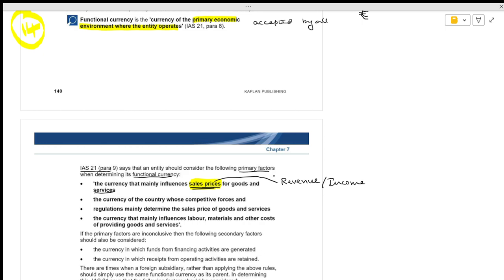The currency of the country whose competitive forces and regulations mainly determine the sale price of goods and services. They are very much stressing the sale price of goods and services.